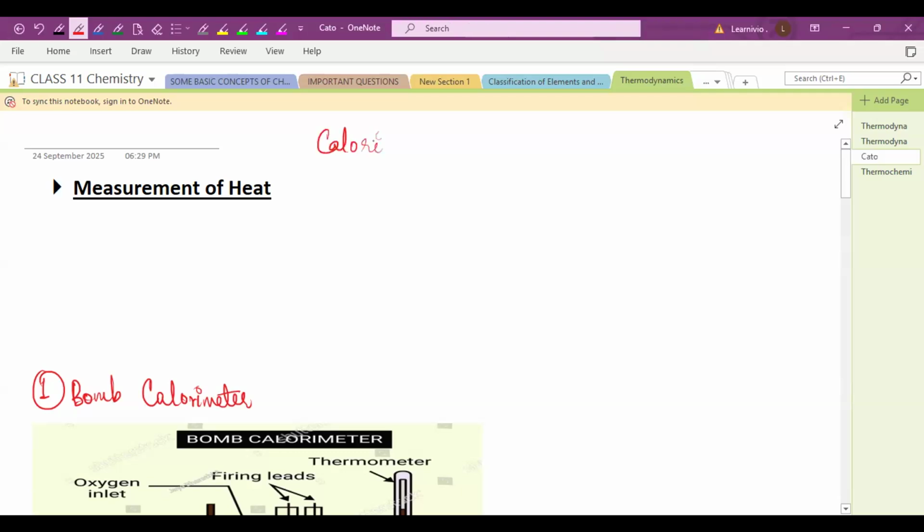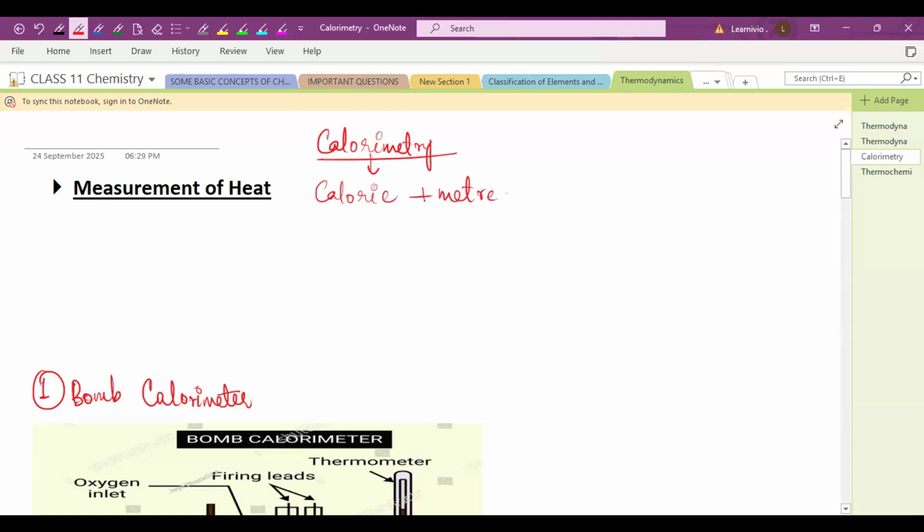Now, what does this calorimetry mean? In science, always try to understand the meaning of the word by breaking the word. Calorimetry is made of calorie plus meter. So it's calorie plus metry or meter, you can say.